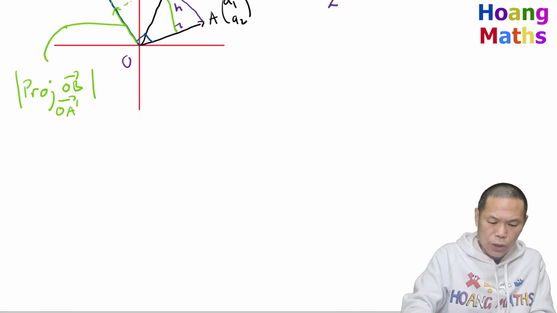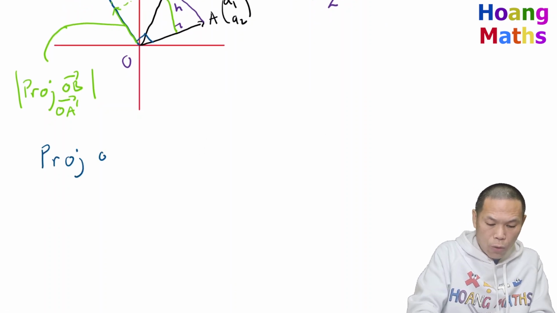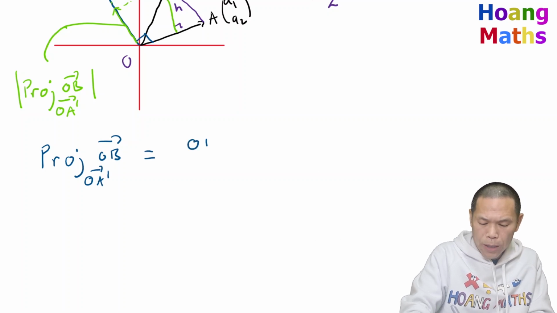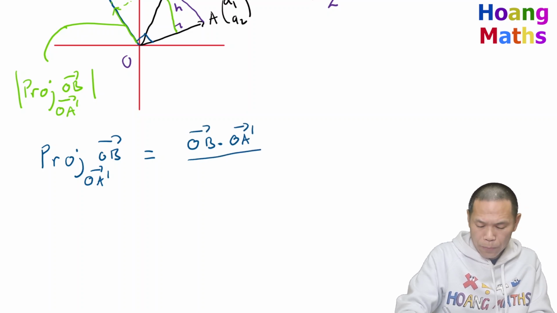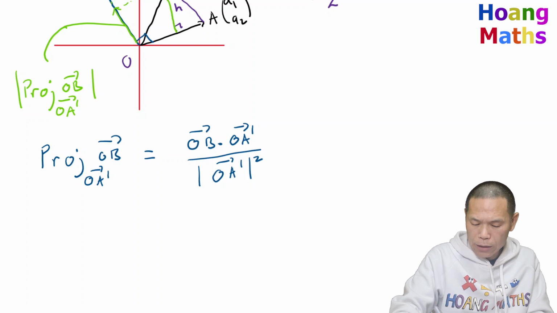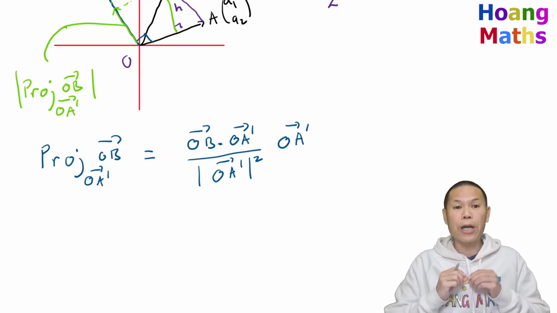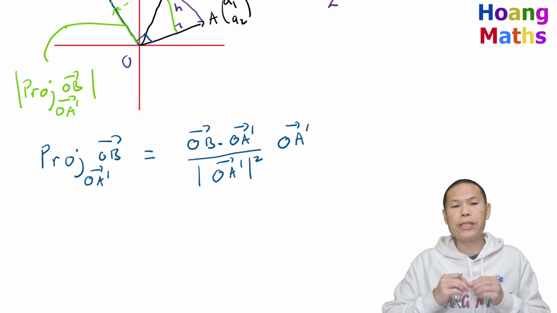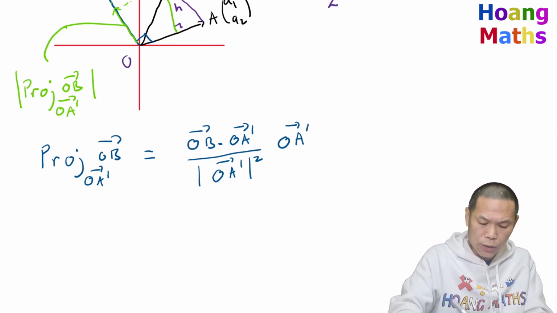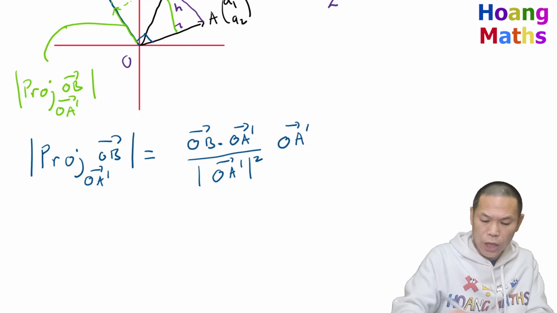The projection of OB onto vector OA prime gives me OB dot OA prime over the magnitude of OA prime squared, and don't forget, we need the direction of OA prime. But then H is the magnitude, so we just find the magnitude of this projection.